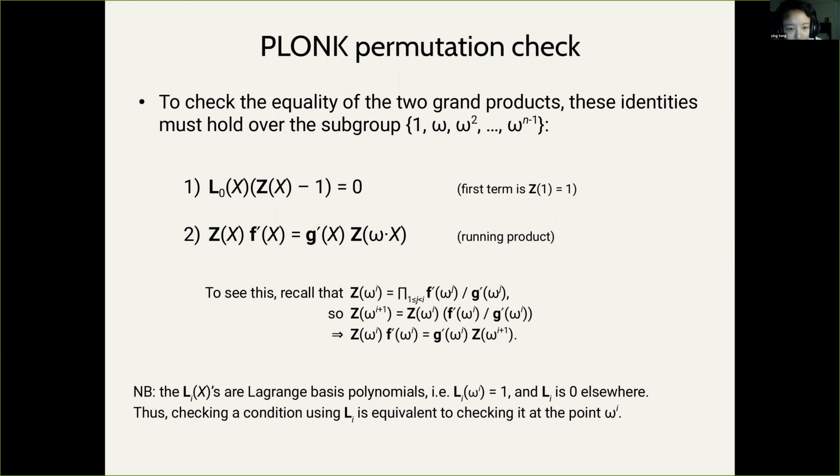So if you recall, Z is the running product of f over g. And so the next term in Z is just the previous term, Z of omega to the i, times f prime of omega to the i over g prime of omega to the i. And if we rearrange that, then we get the second relation, Z(x) f prime(x) equals g prime(x) Z(omega x).